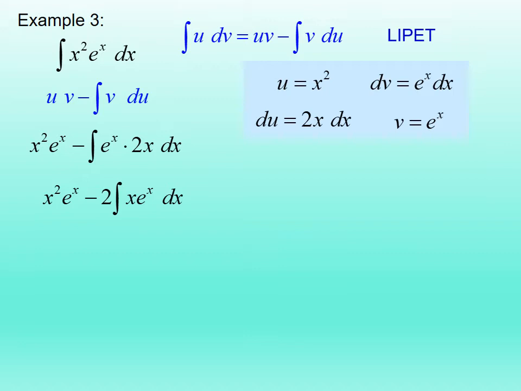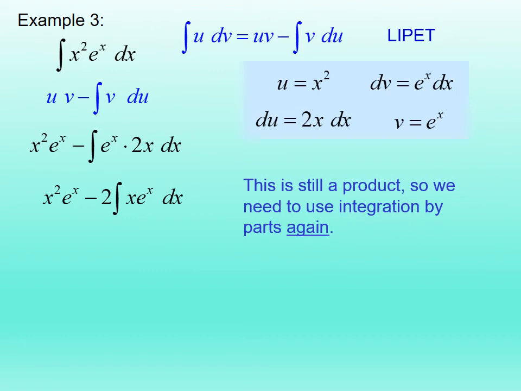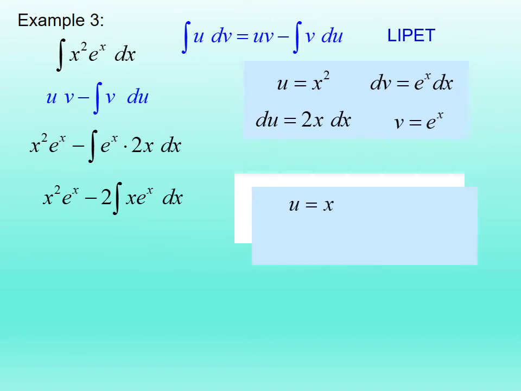I want you to pay attention to the new integral you see now next to the coefficient 2. It is the integral of a product of two functions, x and e to the power of x, which opens up another round of integration by parts, where we have to assign u a polynomial. U should take the polynomial x, and dv should take e to the power of x dx.